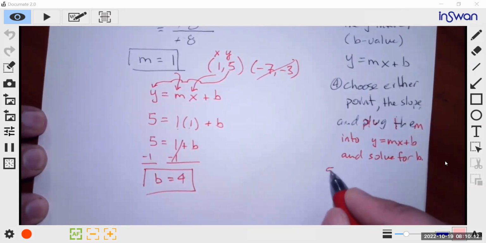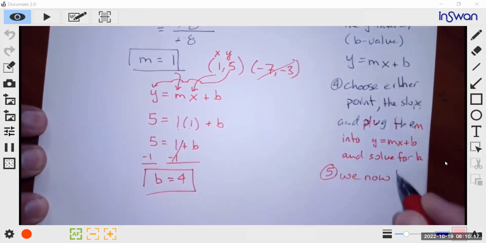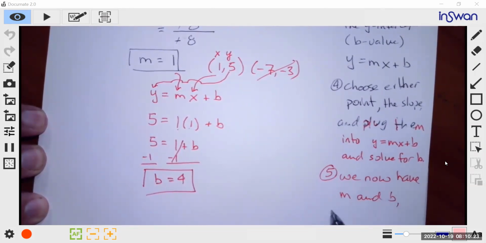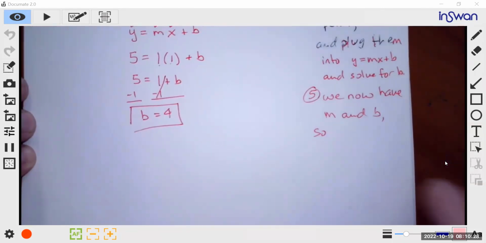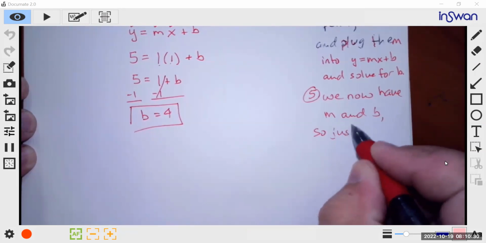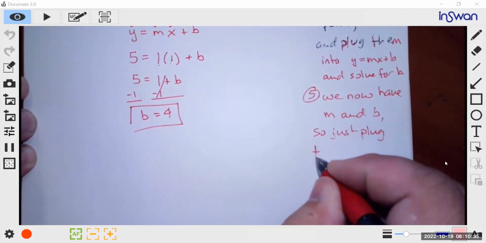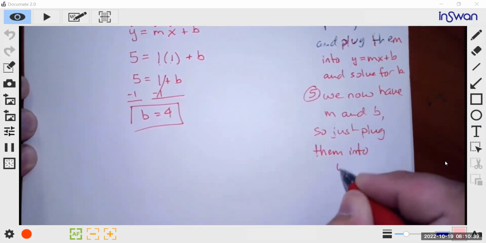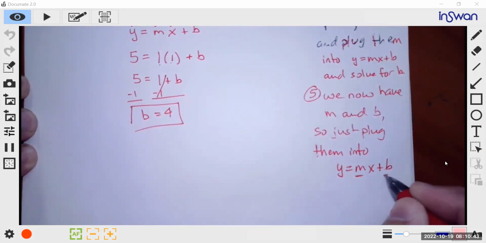Okay. We now have m and b. So just plug them into y equals mx plus b for those 2 values.